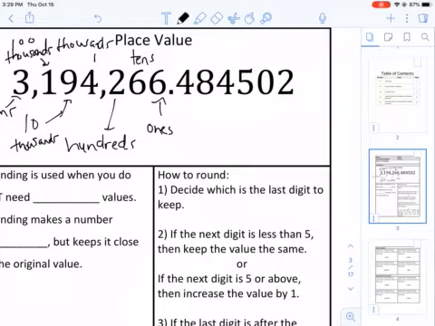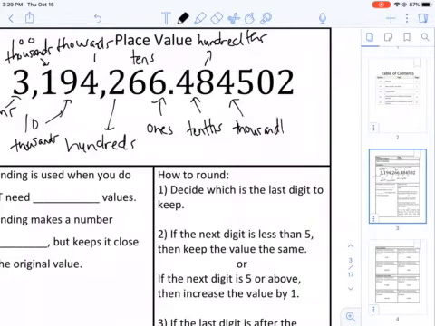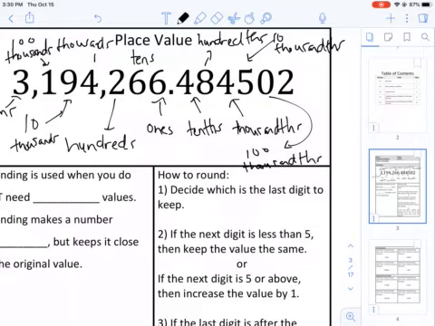So you have tenths, hundredths, thousandths, ten thousandths, hundred thousandths, and millionths.